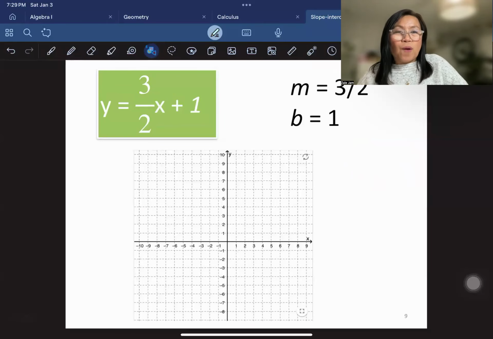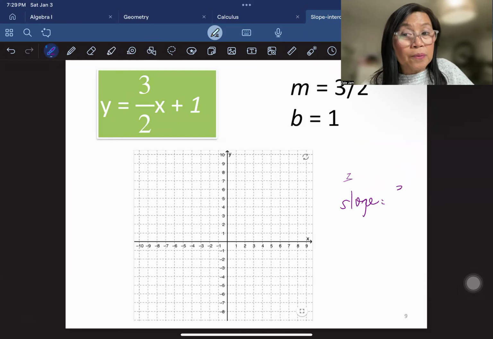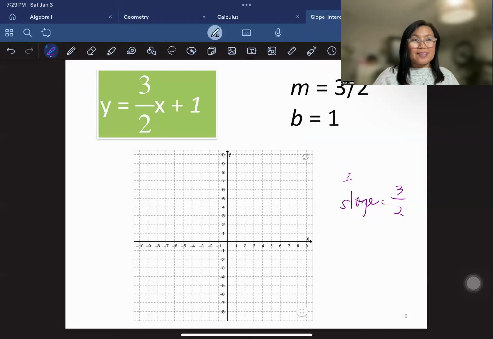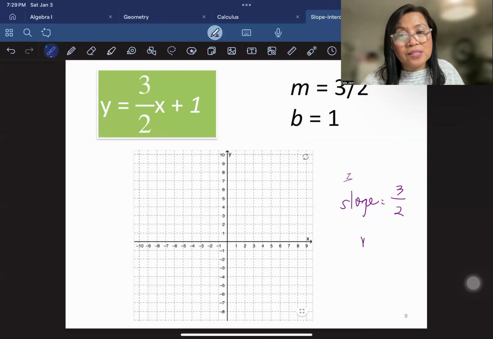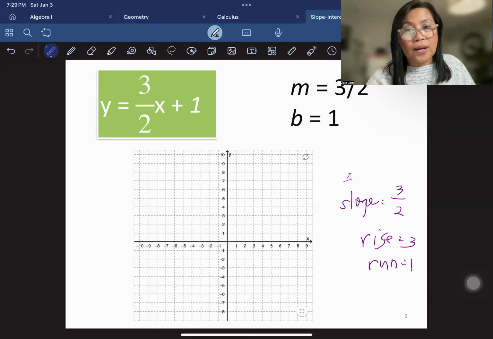Finally, we have y equals 3 over 2x plus 1. This is easy to say that our slope is equal to 3 over 2, right? 3 over 2, what is our rise? Our rise is equal to 3. And the run is equal to, oh, sorry, 2.